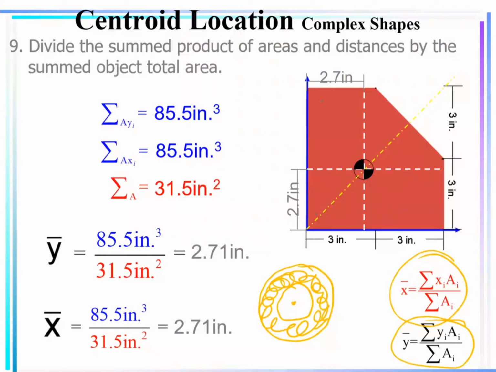Sir, if we change the orientation of the object, then what would happen? You can change the orientation of the object. Like we rotate it. You can rotate it, but you need to get the axis.